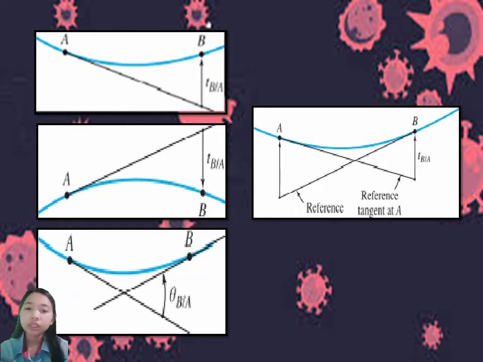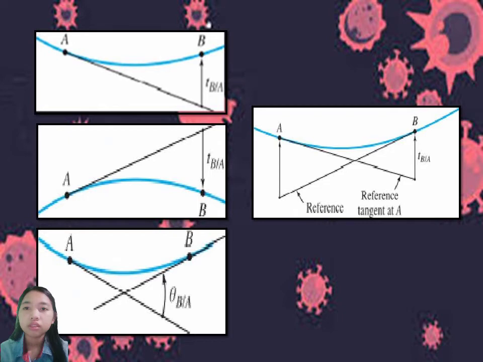So the first picture is shown above in the slide. The positive deviation is located above the reference tangent. The second one, negative deviation, is where B is located below the reference tangent.